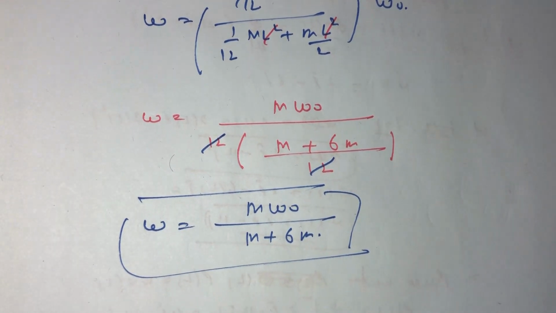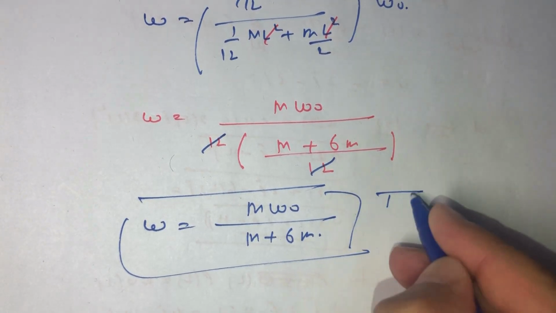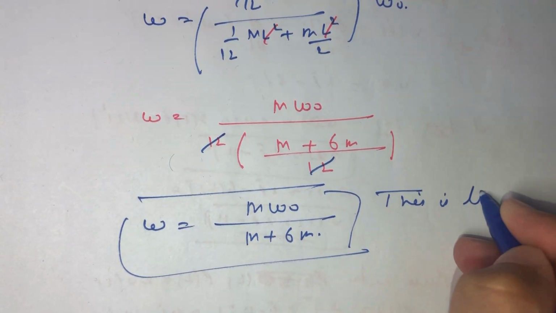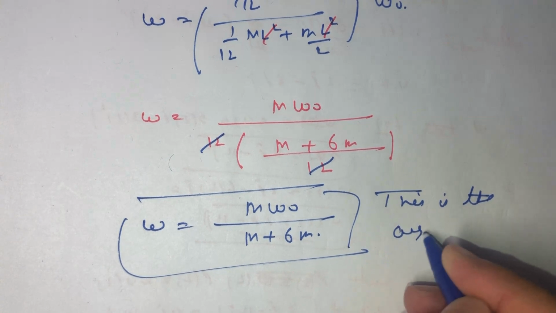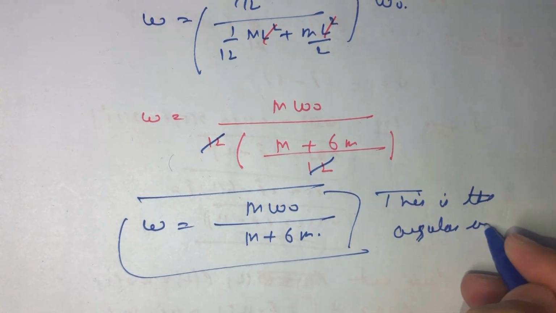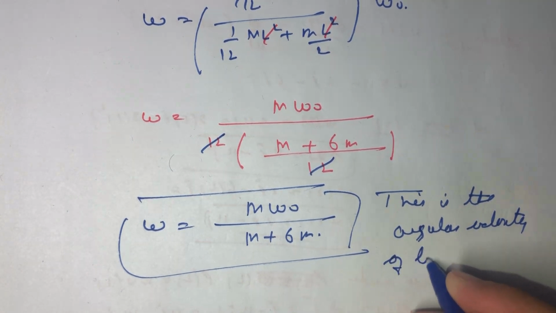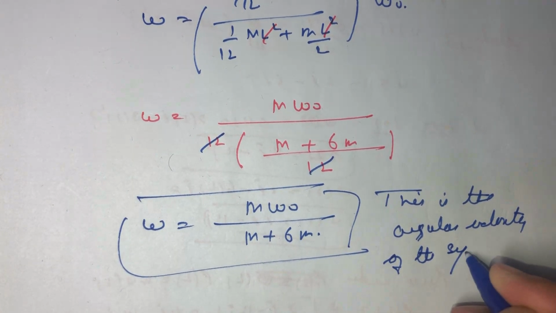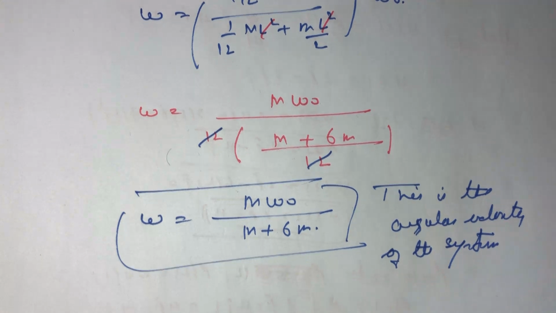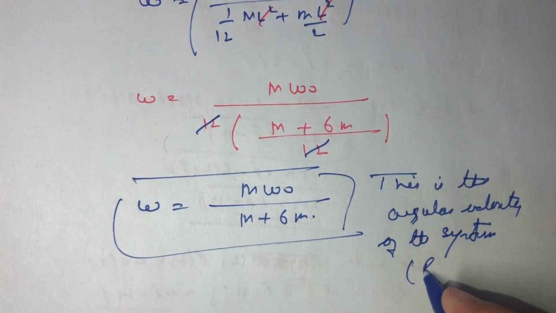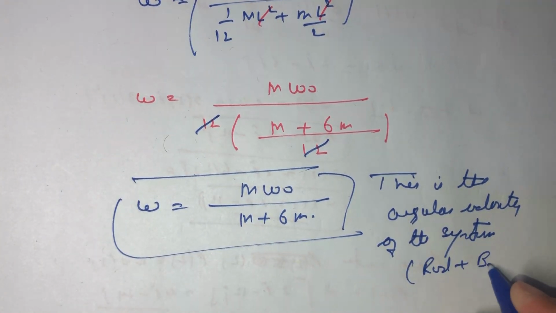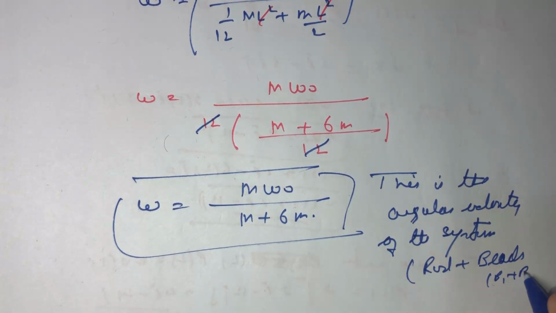So this is the angular velocity of the system. Now here system means rod plus beads, beads are both B1 plus B2.